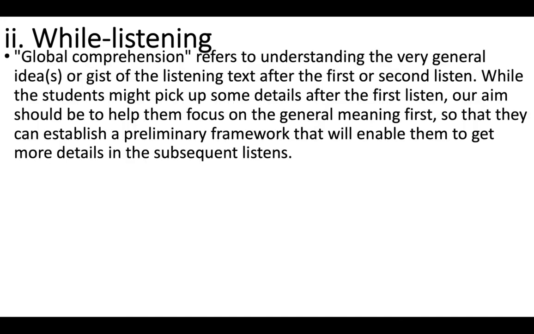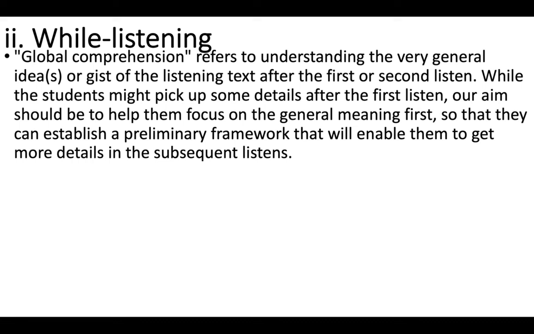During the while-listening phase, here is where the global comprehension takes place. By global comprehension we mean understanding the very general idea or gist of the listening text after the first or the second listen. While the learners might pick up some details after the first listening, our aim here should be to help them really focus on the general meaning first.